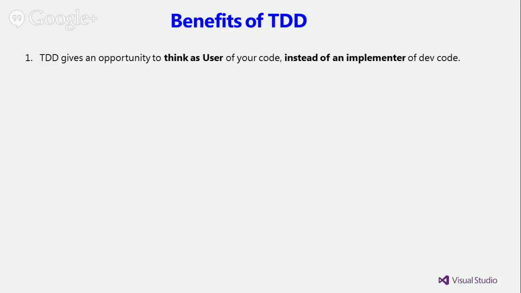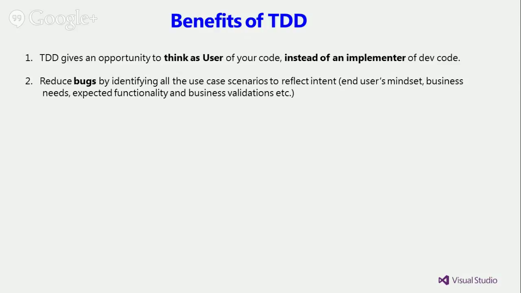As I said, TDD is like you think as a user, not only as an implementer. It helps you reduce bugs because you are identifying all the case scenarios ahead of time, and that reflects the intent of the user and what the application actually needs or demands.